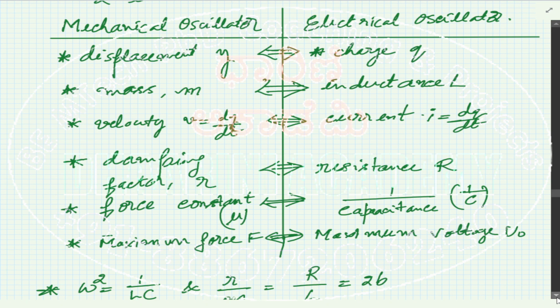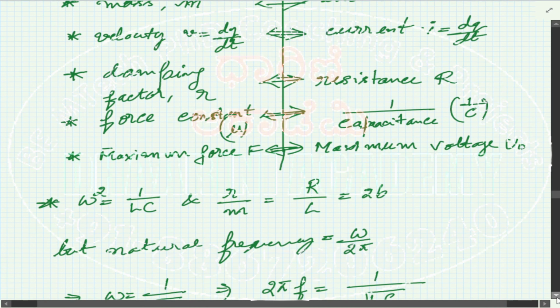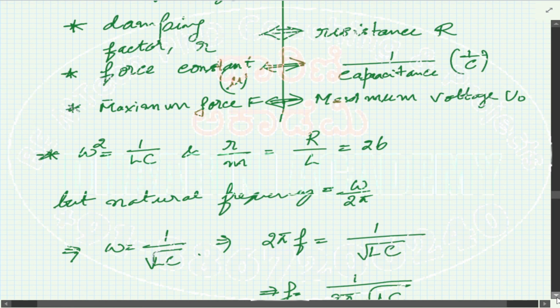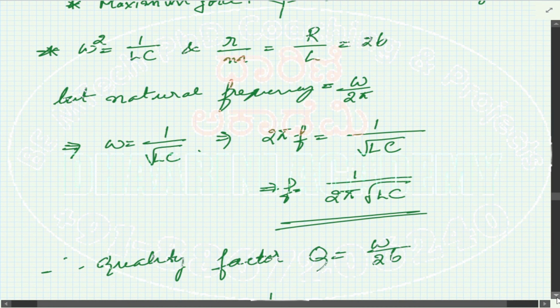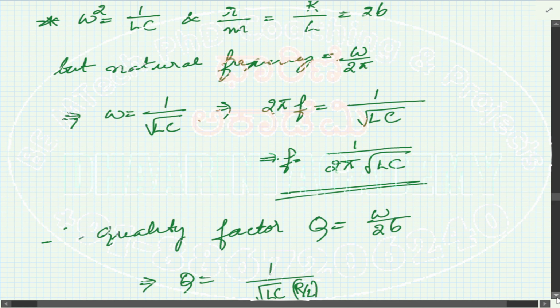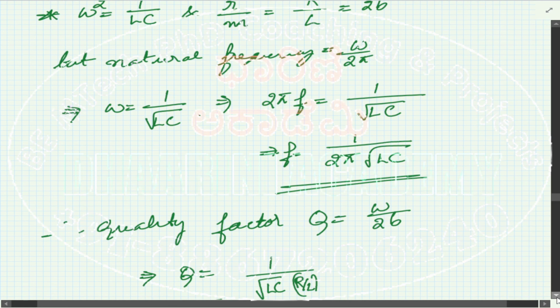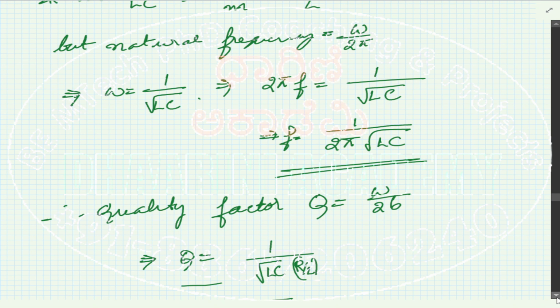The force constant mu is similar to 1 by the capacitance of the electrical network, and force on the left hand side is equal to voltage on the right hand side, denoted by V naught. So we equate the required terms and get the required quantity, such as F. It was originally force capital F, but in the electrical system, F is the frequency.